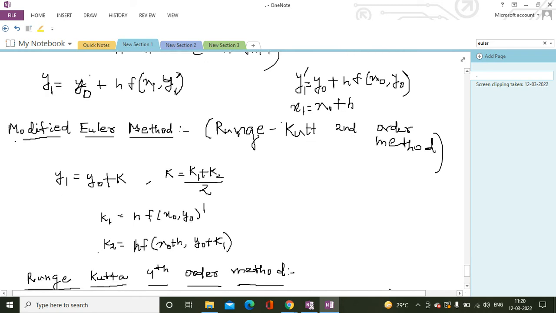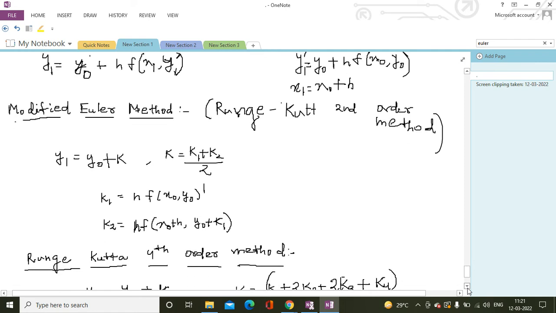Similarly, k2 will be h into f of x0 plus h comma y0 plus k1. And k1 will be evaluated from the initial value f of x0 comma y0. And k2 will be evaluated using k1, that is f of x0 plus h, as I said x1 is x0 plus h, so y0 plus k1. And after evaluating k1 and k2, you have to evaluate k, that is half of the sum of k1 and k2.